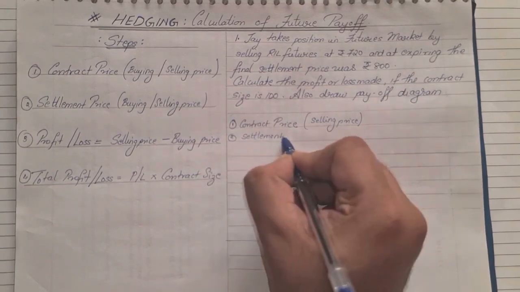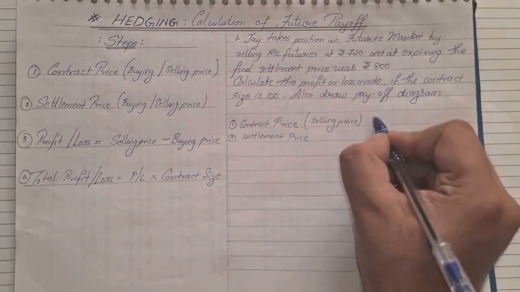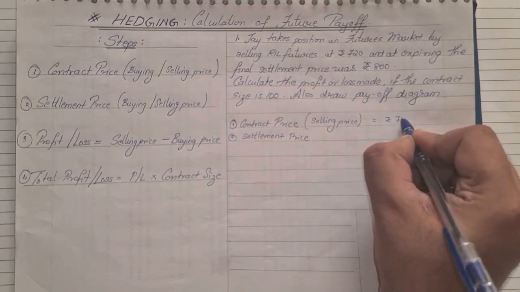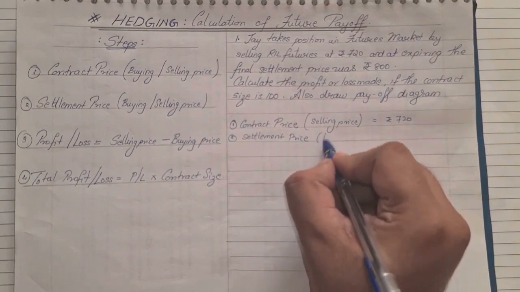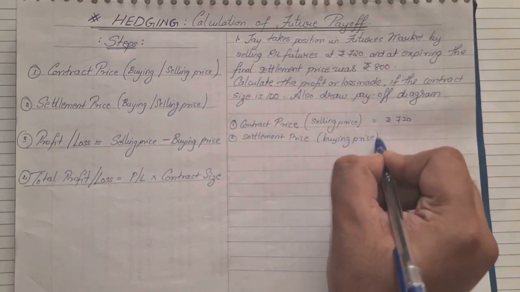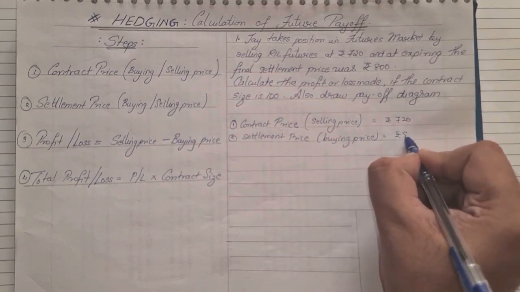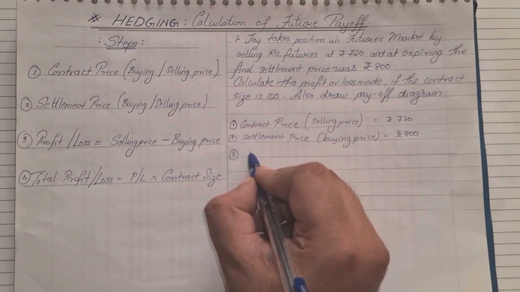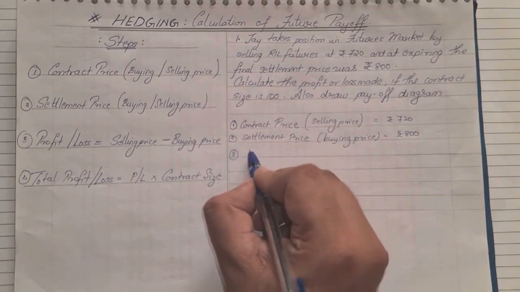the settlement price. I'll note down here that the contract price is rupees 720. Settlement will be based on buying, so my buying price will be rupees 800. Step number 3, I need to find whether I've earned a profit or a loss.